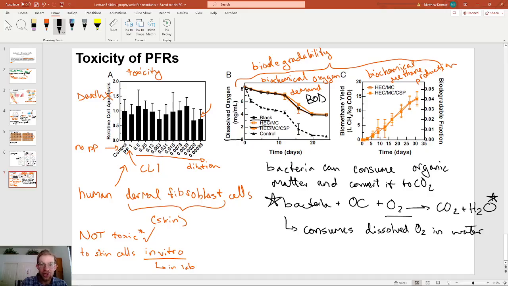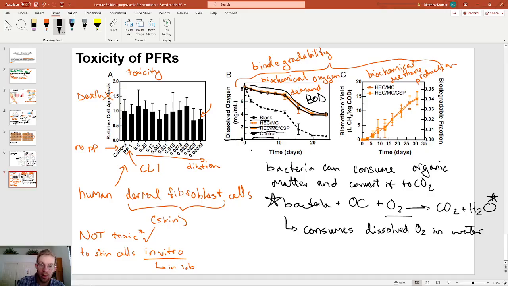They did a trial with just the cellulose bits, and then they also did a trial with the full shebang, the full colloidal silica particles mixed with the cellulose. What you can see is that there's really no difference in how the dissolved oxygen changes. Whether or not this fire retardant or this PFR is present, the dissolved oxygen remains the same, which is good. That means it's not going to significantly disrupt aquatic ecosystems by drastically changing and lowering the dissolved oxygen level in the stream or natural waterway or watershed, whatever.